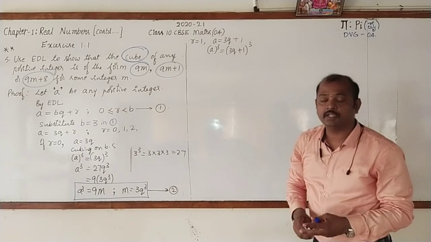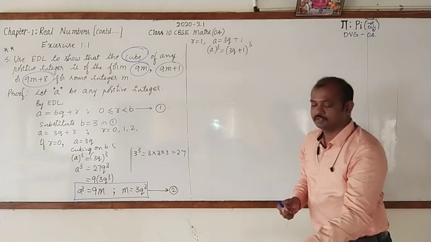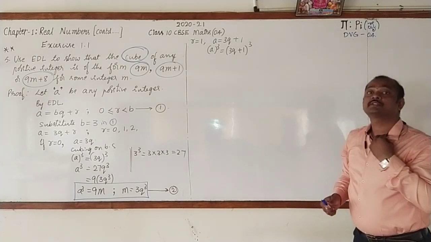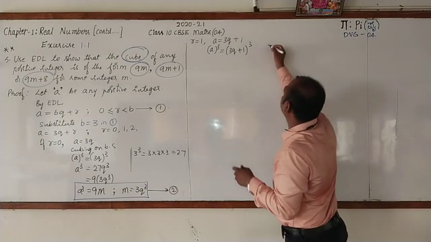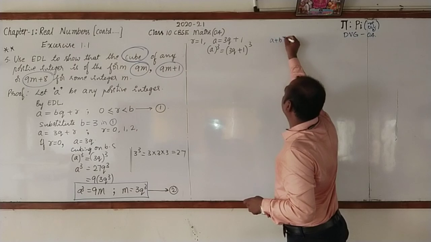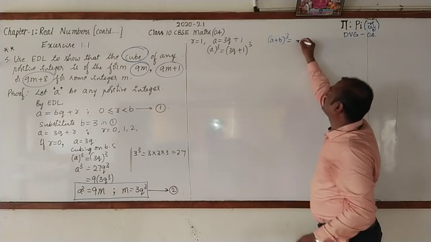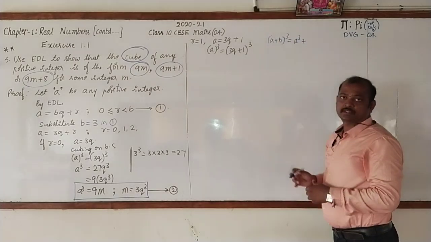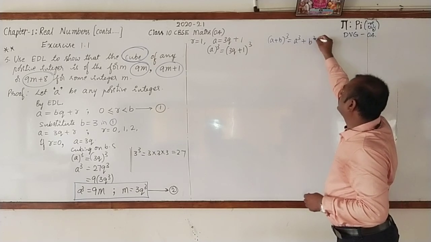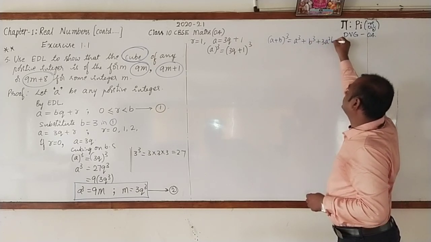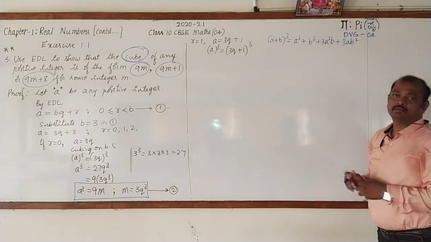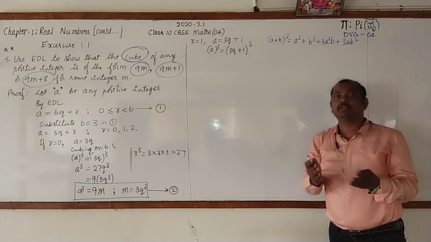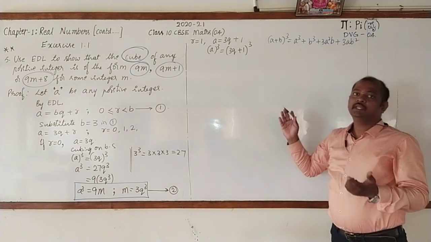What is that identity? It is a plus b whole cube. Here I write: a plus b whole cube is equal to a cube plus b cube plus 3a square b plus 3ab square. You can also write it as a cube plus b cube plus 3ab into a plus b.